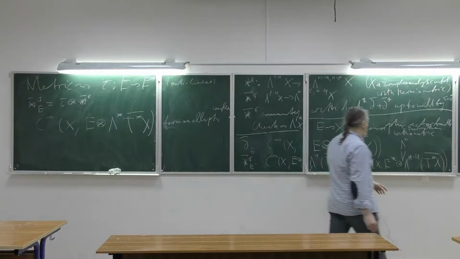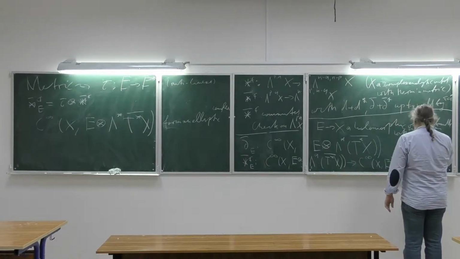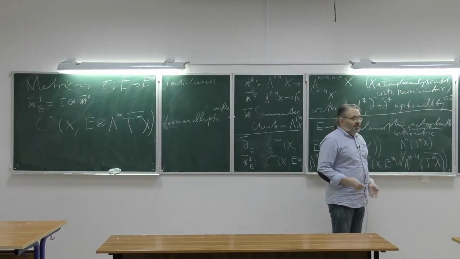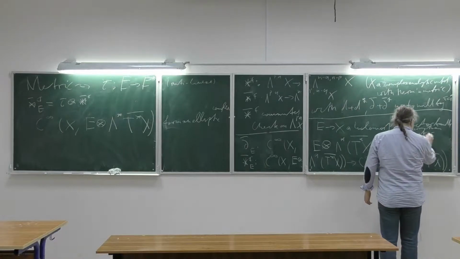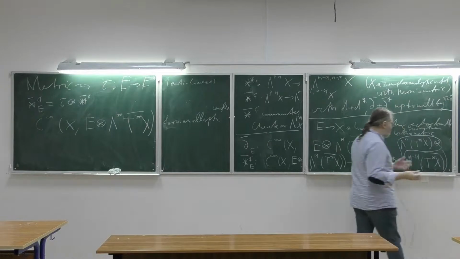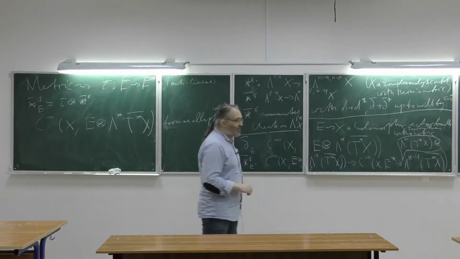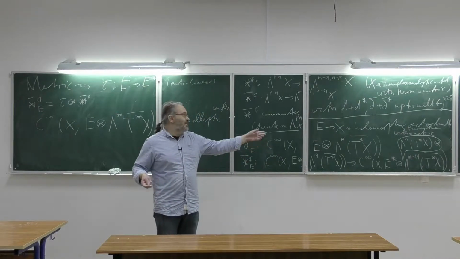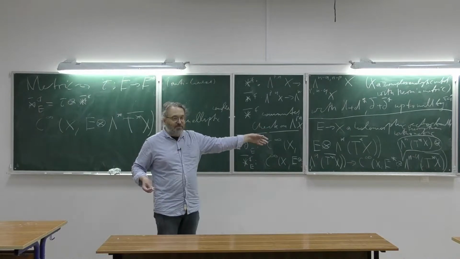So I have lambda n of T star x, which is the canonical bundle. Okay, now it's there. And by the way, this explains where the canonical bundle comes from.